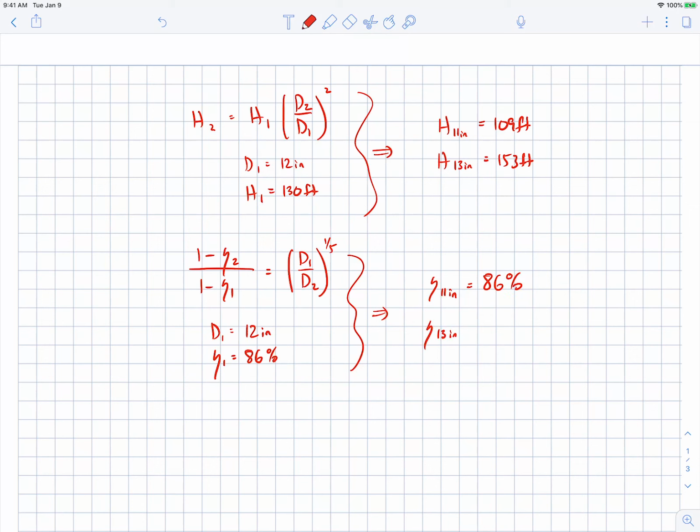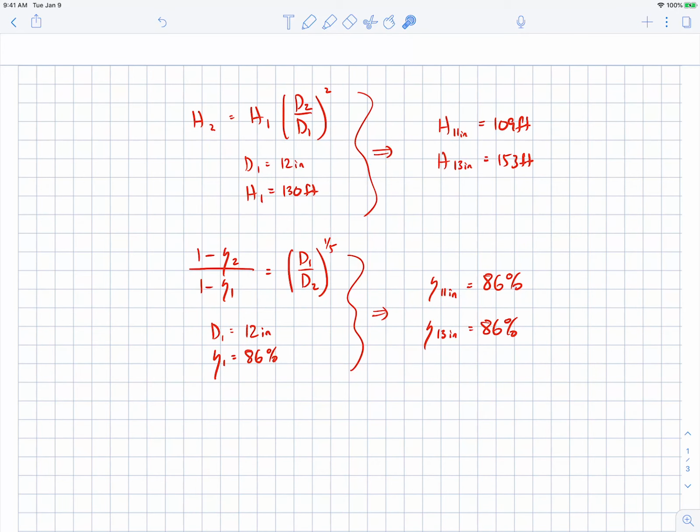And for the 13-inch impeller, we would also get about 86% when we plug in the numbers here. It doesn't change that much because this is raised to the 1/5 power. I'm just rounding these.